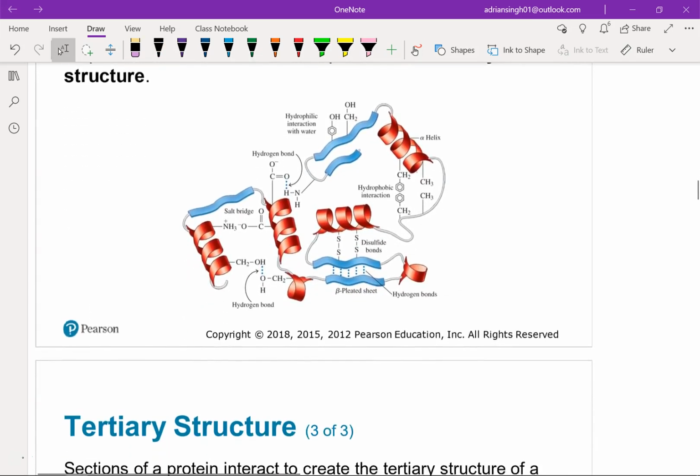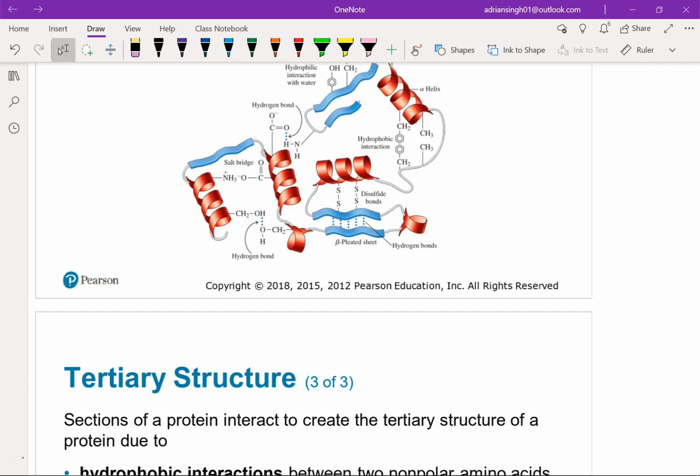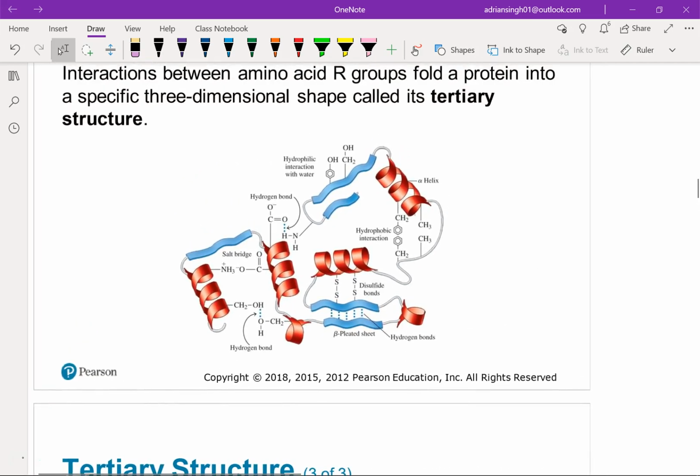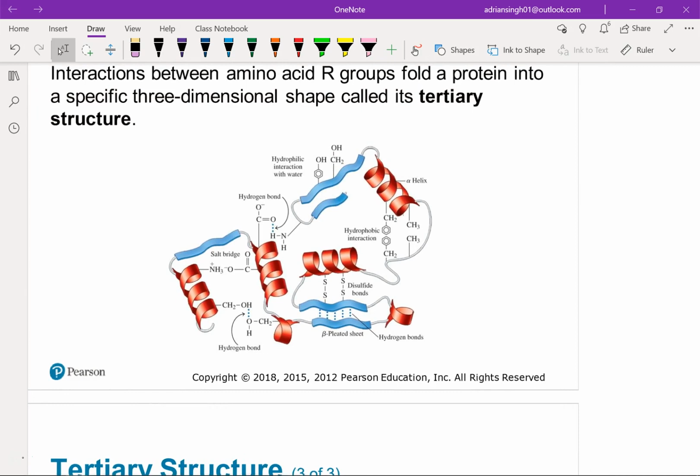There are several types of interactions that we're going to see that can dictate the three-dimensional shape of a protein. Before we get to that, I just wanted to show you really quickly, I tried to draw a diagram earlier to depict an alpha helix versus a beta pleated sheet. This is a much better depiction.